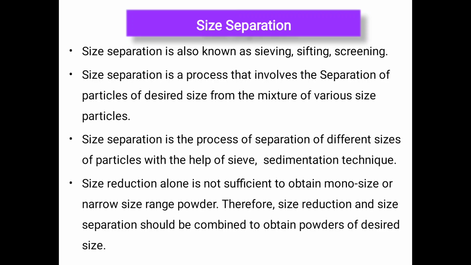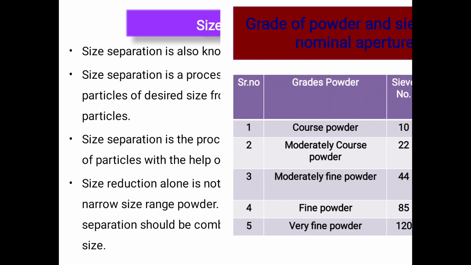So that's why it's also called sieving, sifting or screening. Size separation is the process of separation of different sizes of particles with the help of sedimentation techniques. So size separation is also known as sieving, sifting and screening. It involves the separation of particles of desired size from the various size material.